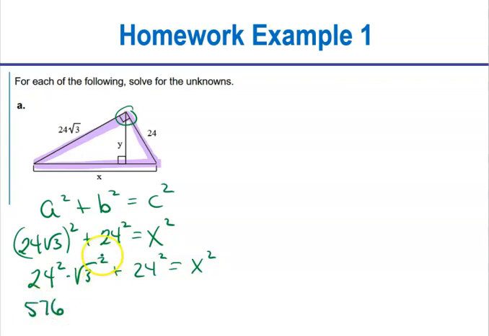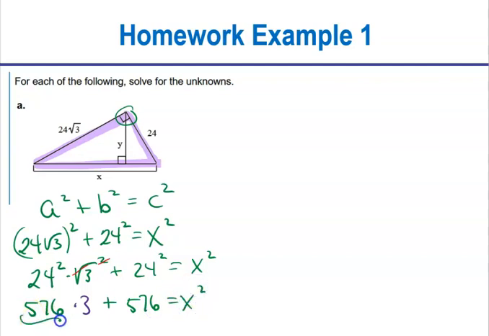What is the square root of 3 squared? Well, we know that square root and square are inverse properties of each other. So what happens here is these cancel, and I get 3. So that's going to be times 3. Plus 24 squared is still 576, and that equals x squared.